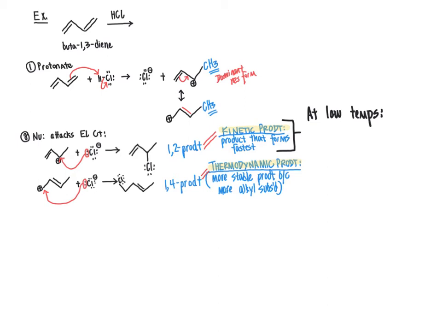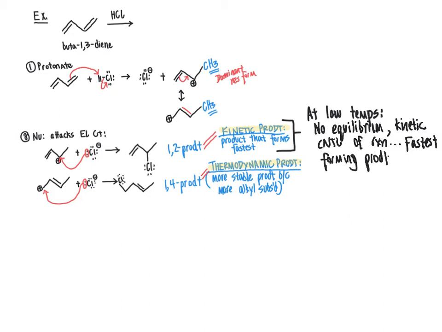So that's what's going to be the case at low temperatures, that there's not enough thermal energy for an equilibrium to be achieved. And when there is no equilibrium, there's kinetic control of the reaction. And whatever product forms the fastest, initially straight through the reaction mechanism, the fastest forming product is the major product.